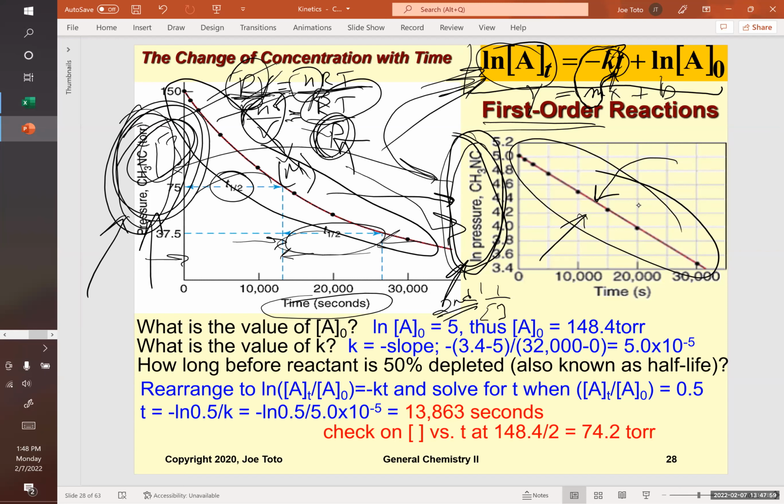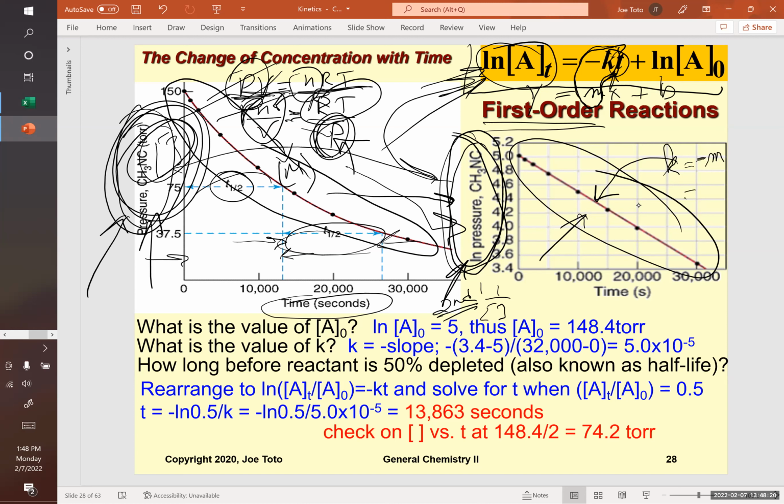And that makes sense because look, k's are always positive, and this has got a negative slope. So for k to be positive, it has to equal minus the slope, which is negative.